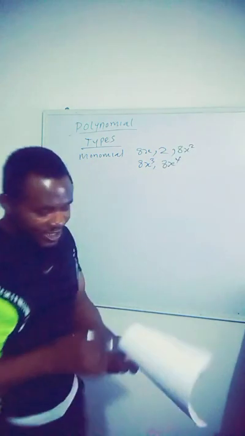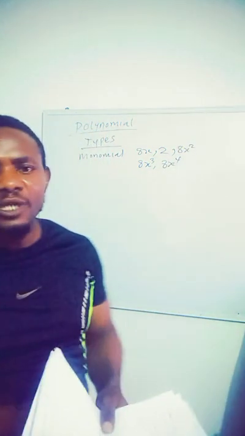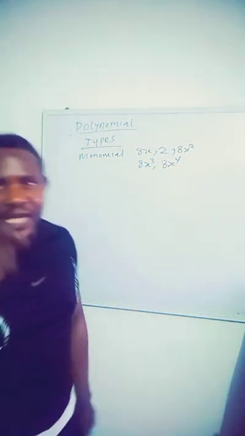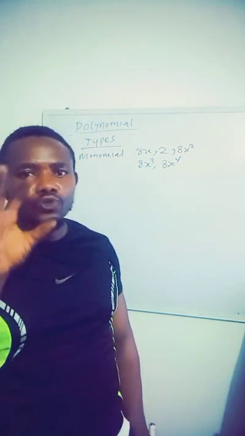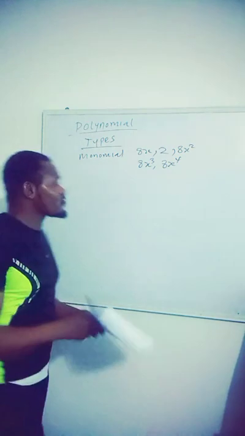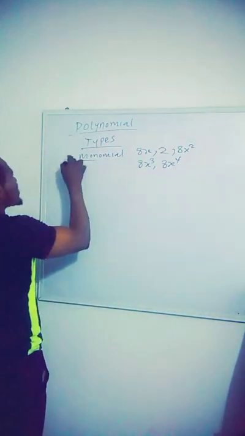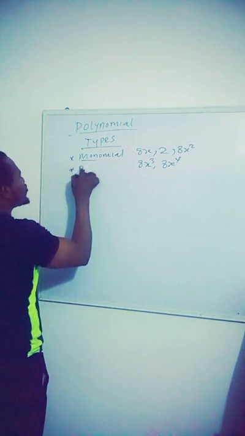As long as the power of x is not negative, it is a polynomial. Once you are having just one element, it is called monomial, from the word mono, just one. So you also have what we call a binomial.